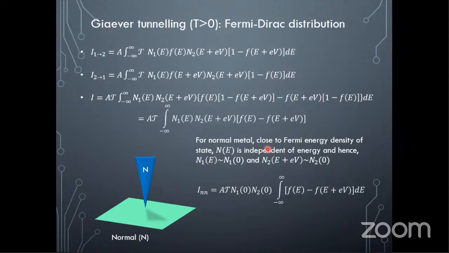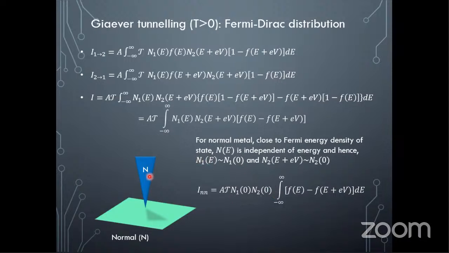Well, for a normal metal, the density of states is actually independent of energy over a small energy scale, and one can take the density of states outside of the integral.